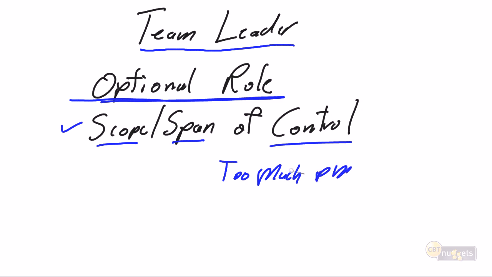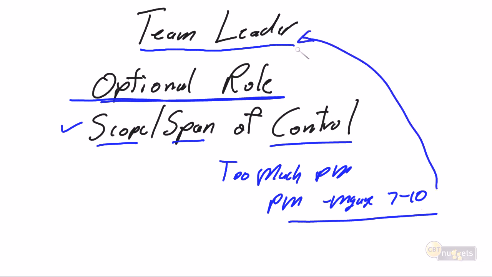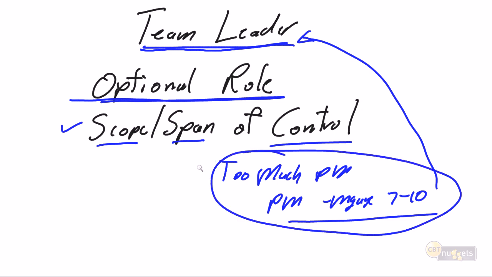So again, using the standard rule of thumb that a single individual, a PM, can manage 7 to 10 individuals, as soon as the team grows beyond 7 to 10 individuals, we will need to bring in team leaders and start to layer our project management organization. And that's all the team leader is. It's a delegation of specific roles and responsibilities of the PM when there's simply too much structure, too much information, too much management in the project for a single individual to do.